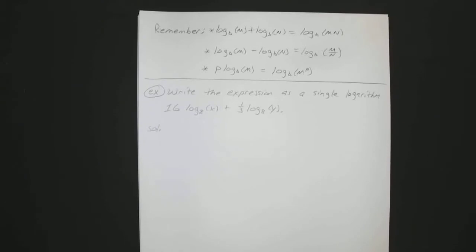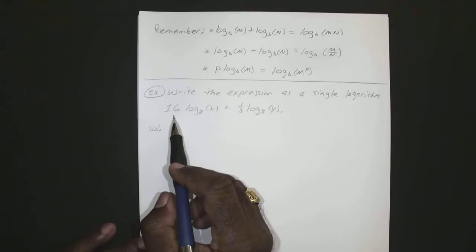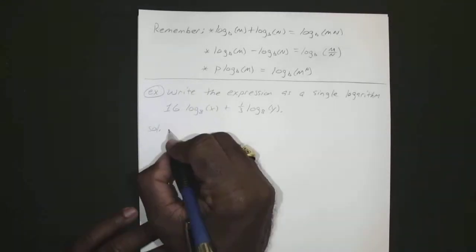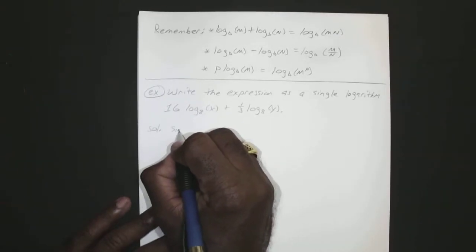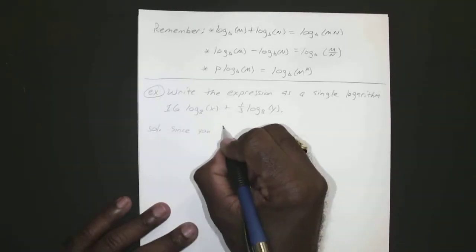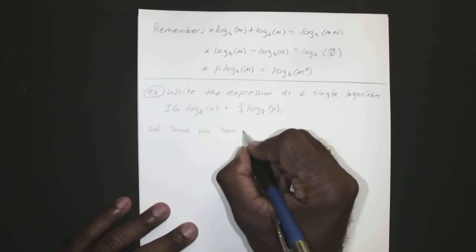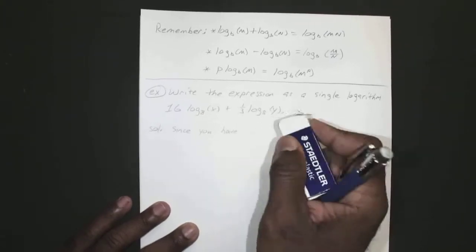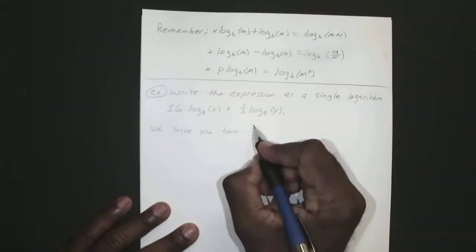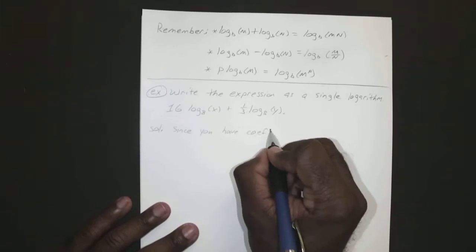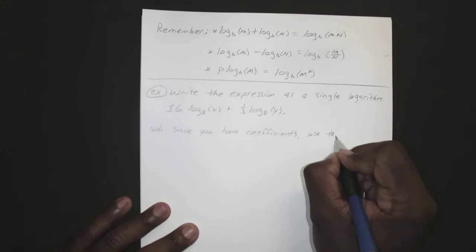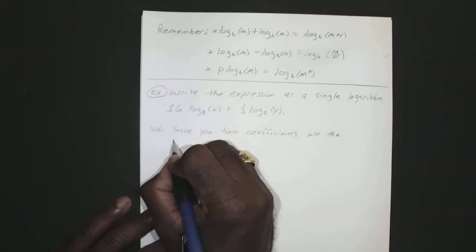Okay, so the first thing I look at is whether it has a coefficient or not, because I know already that those coefficients are just going to be made exponents. So the first thing I look at is the power rule. Since you have coefficients, use the power property first.